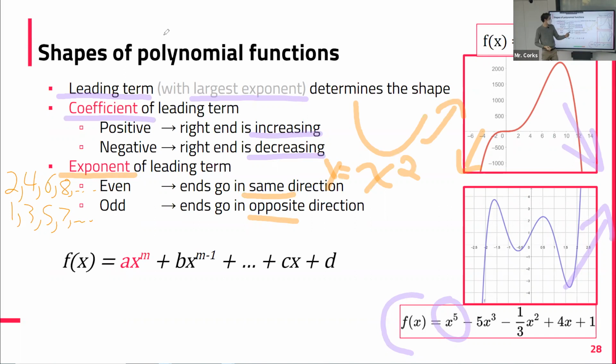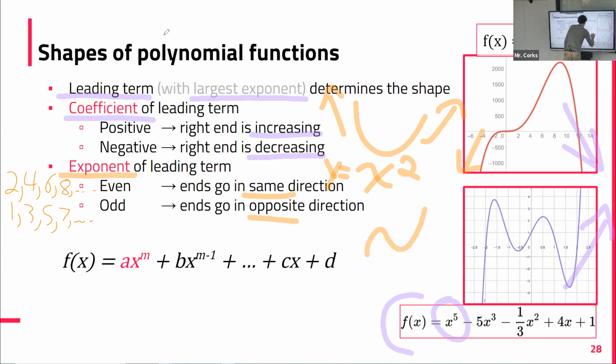It's going to go up. And if we have negative numbers for x, when squared, it's going to turn positive. So the left side will also go up. So whatever the right side is doing, the left side must do the same thing because the exponent will change the sign there.